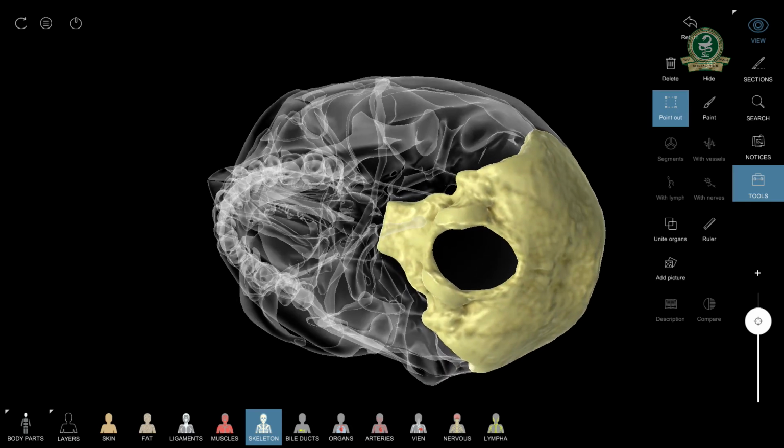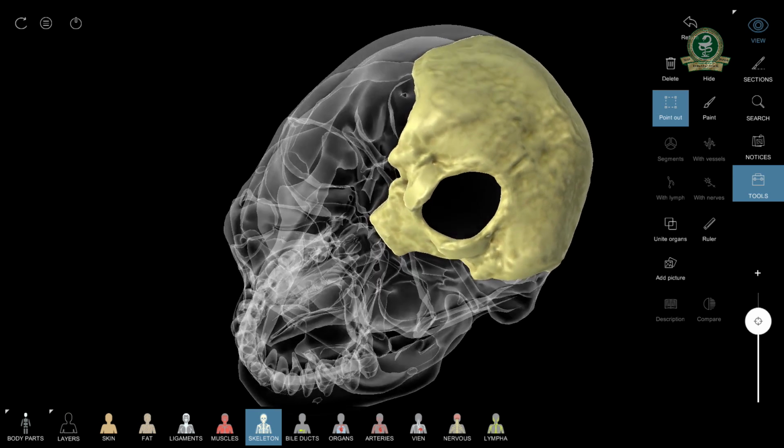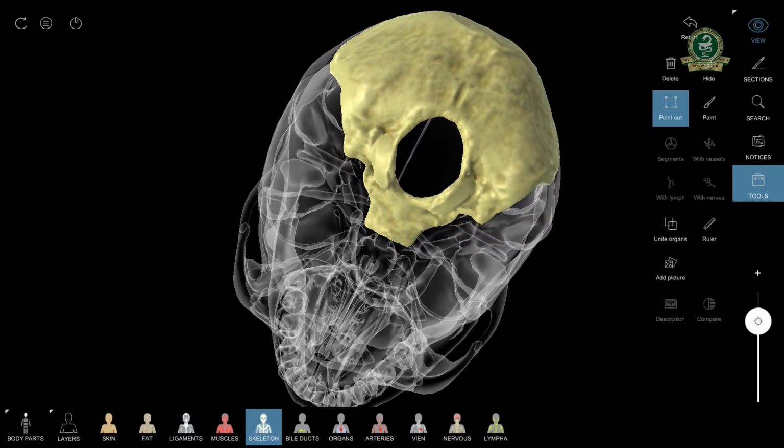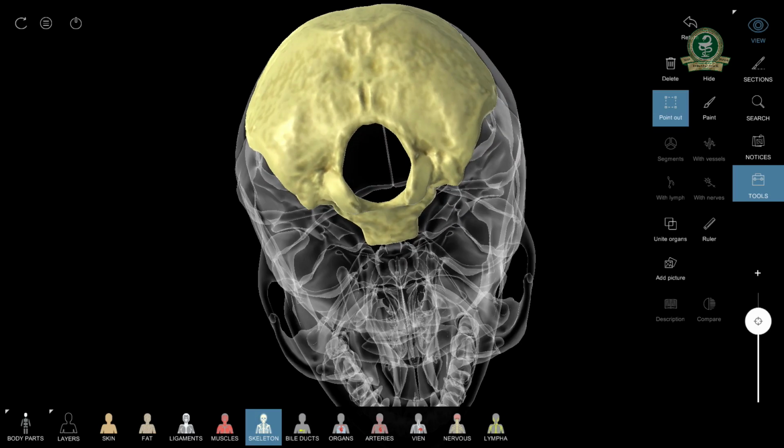And here we have the body of the occipital bone, and the occipital bone has condyles. These are the condyles, or you can also call them pedicles, and this is the articulation surface for the first cervical vertebra. Superior to each occipital condyle on the inferior surface of the skull is the hypoglossal foramen. A little bit superior, we can find the occipital foramen there.